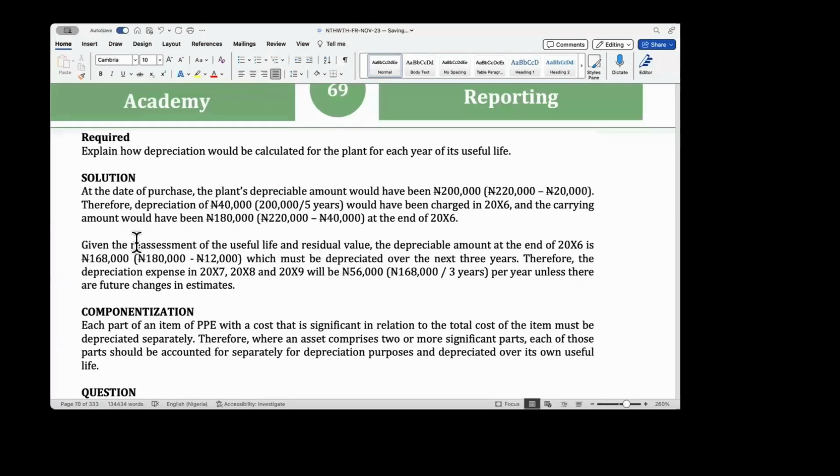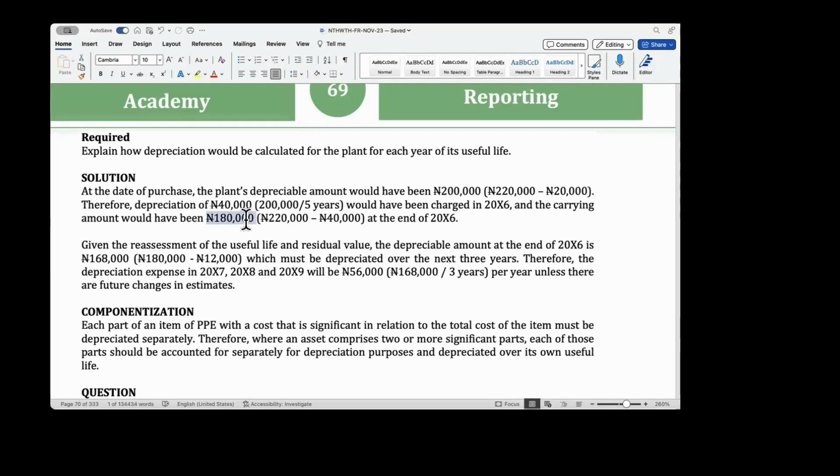So given the reassessment of the useful life and residual value, the depreciable amount at the end of 2006 is now different. Things have changed; there was a reassessment. The depreciable amount will now change because we are not going to start from where we stopped.